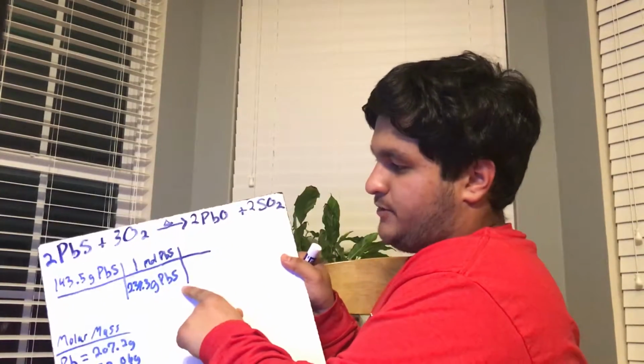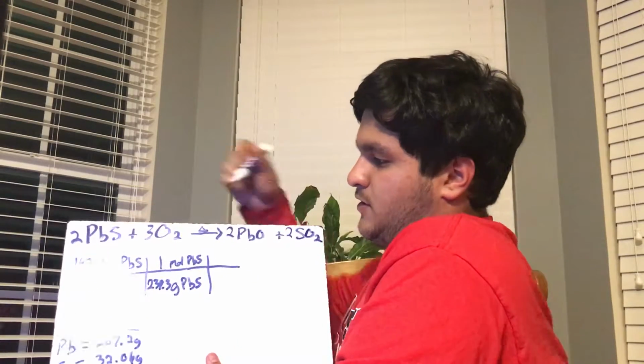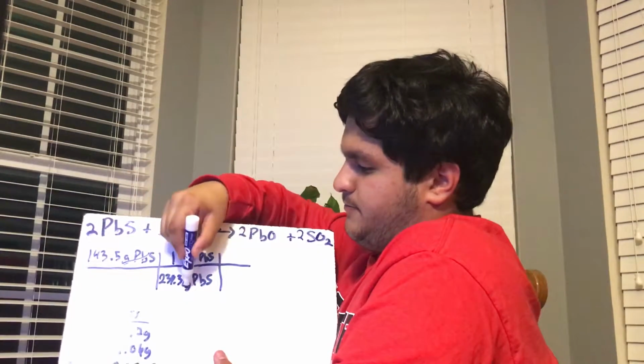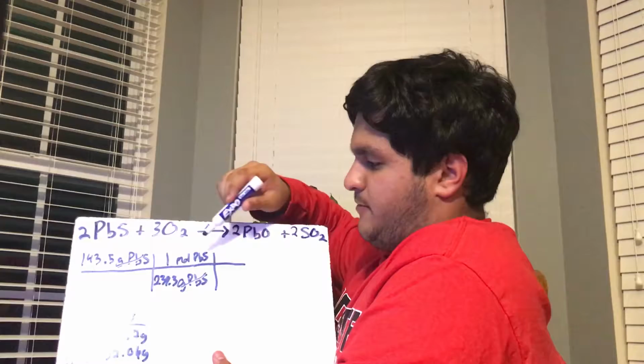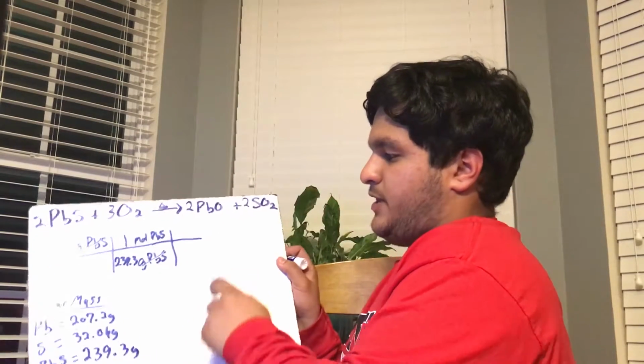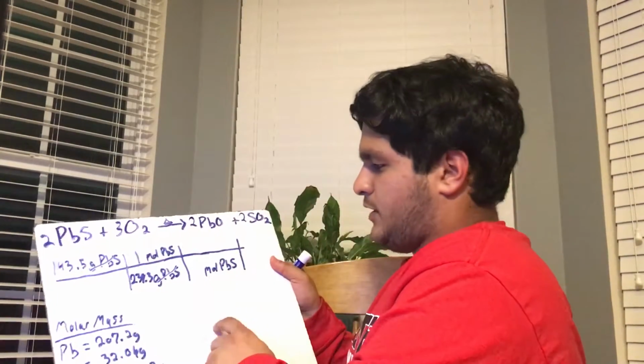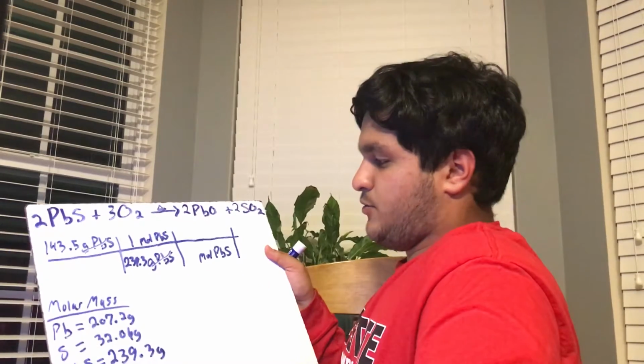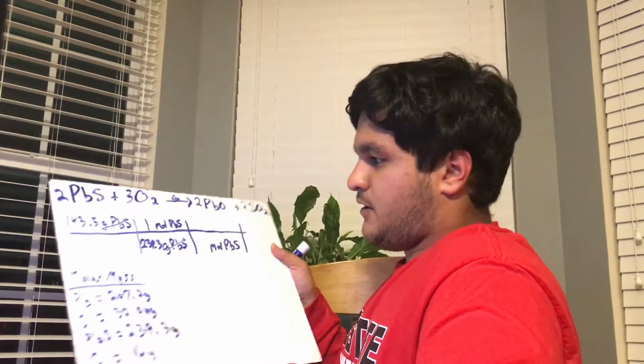Now that we have our grams of lead(II) sulfide filled, we can cancel them out. Now we have a mole of lead(II) sulfide, so we want to cancel that out and write that there. And we want to convert that into moles of oxygen.